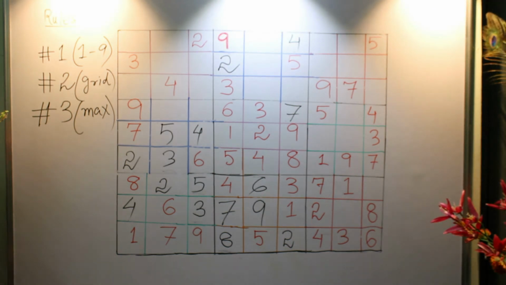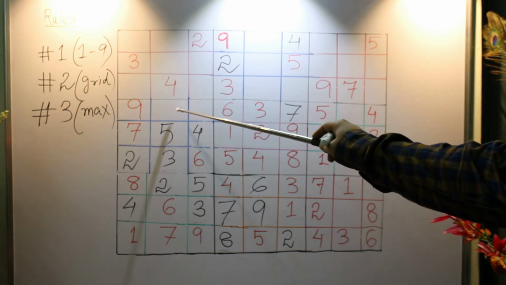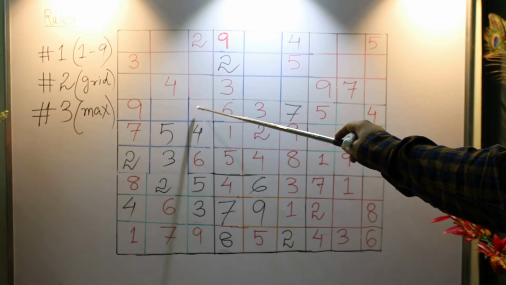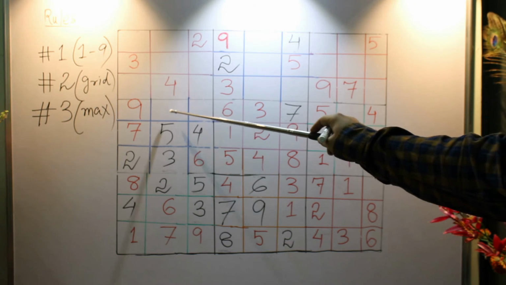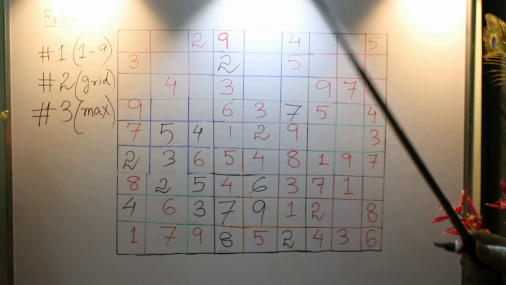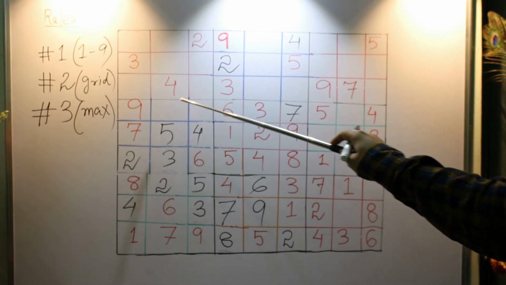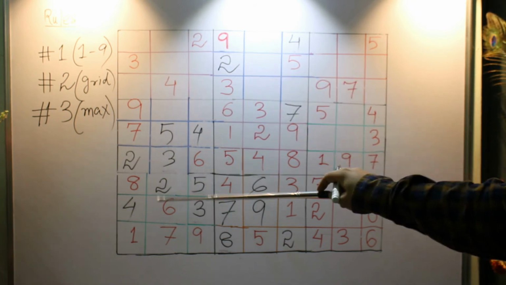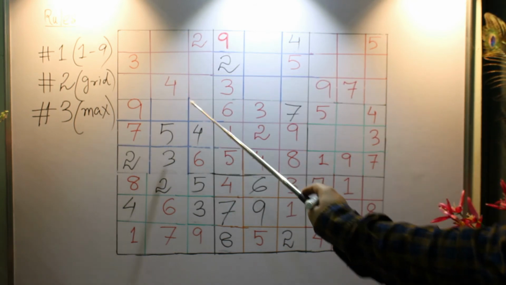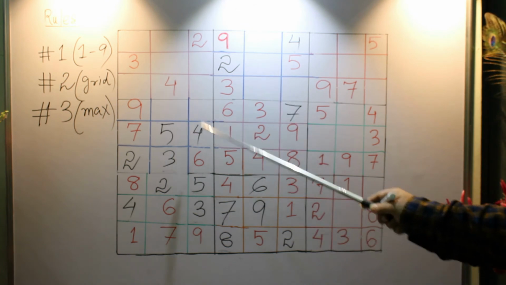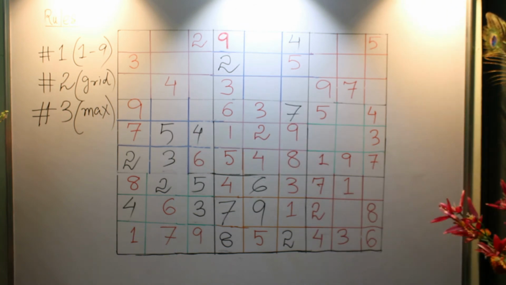Clear? And 8. So the only two numbers left are 1 and 8, but there are no clues up and down, left or right for 1 and 8. So keep this grid aside for some time.